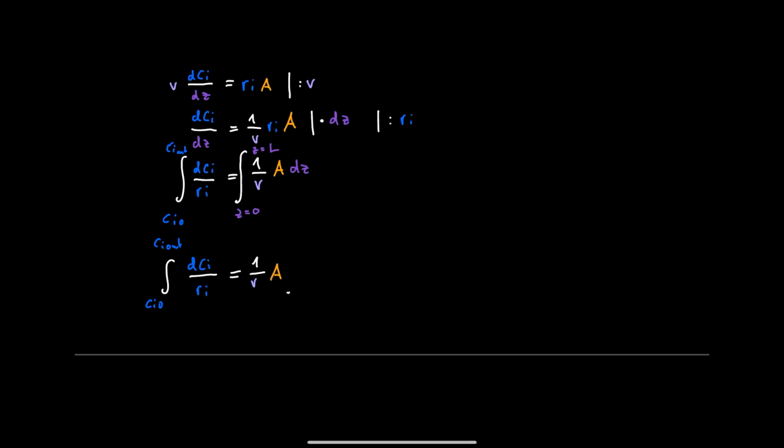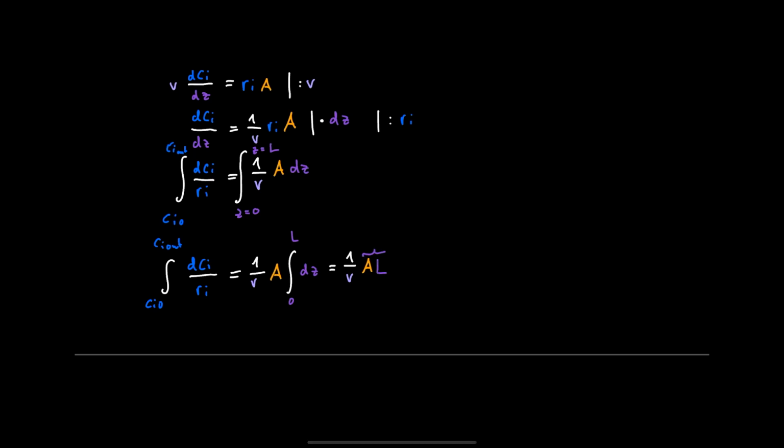So 1 divided by V times A times the integral from 0 to L dc. And this is going to be equal to 1 divided by V times A, and since we're integrating over dc, we just have to take the limits into consideration, and this integral would result in L minus 0, but we just write down L.